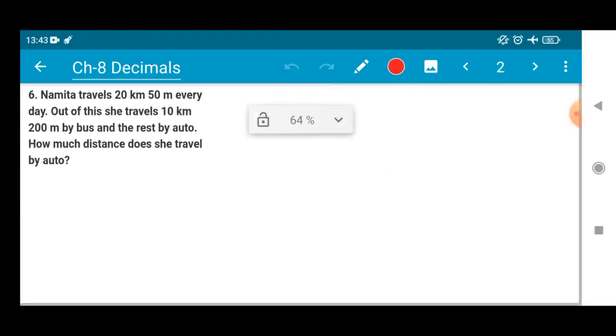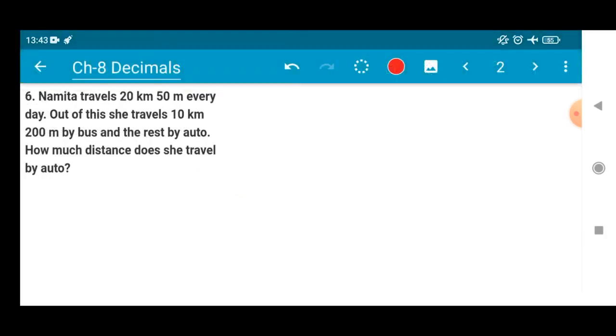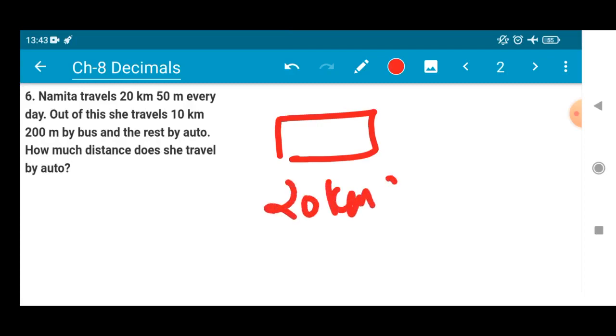Question number 6. So question number 6 states that Namita travels 20 kilometer 50 meter every day. Out of this, she travels 10 kilometer 200 meter by bus and the rest by auto. How much distance does she travel by auto? That we have to find. So every day she is traveling 20 kilometer 50 meter.